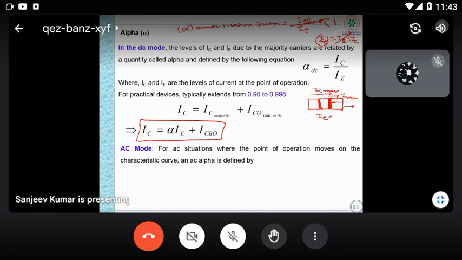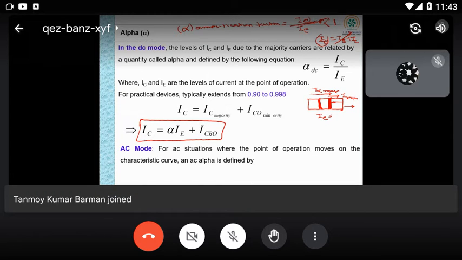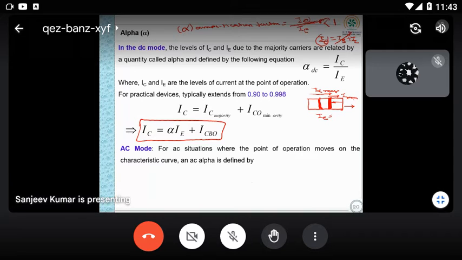So due to that, we are putting this relation between IC majority and IC minority. And it is written like this when the common base is open. And this is due to minority carriers that you are getting.